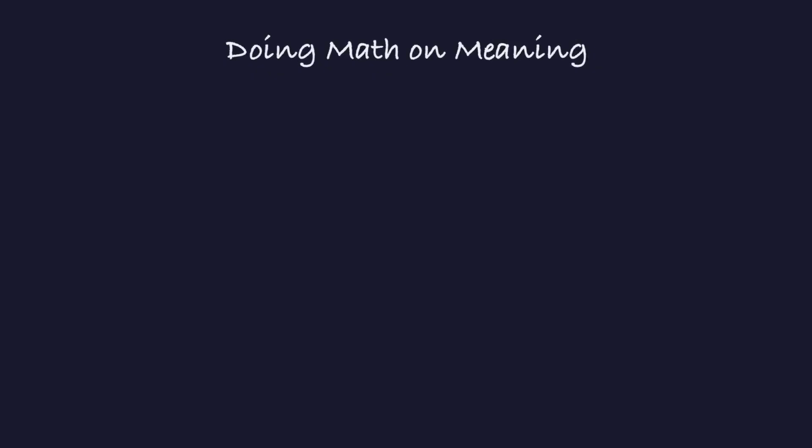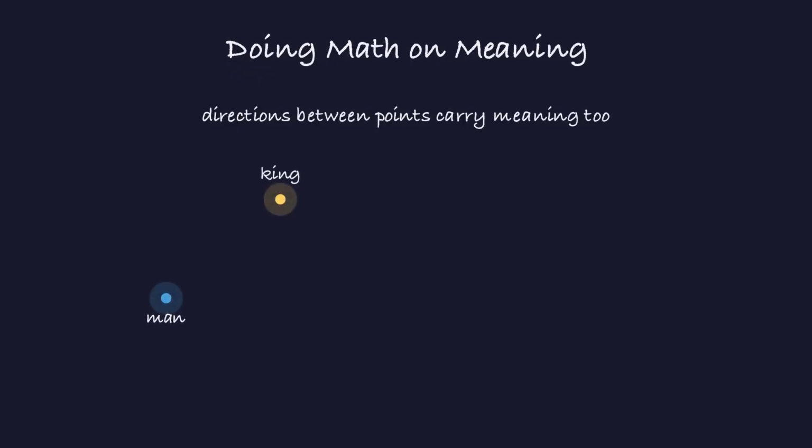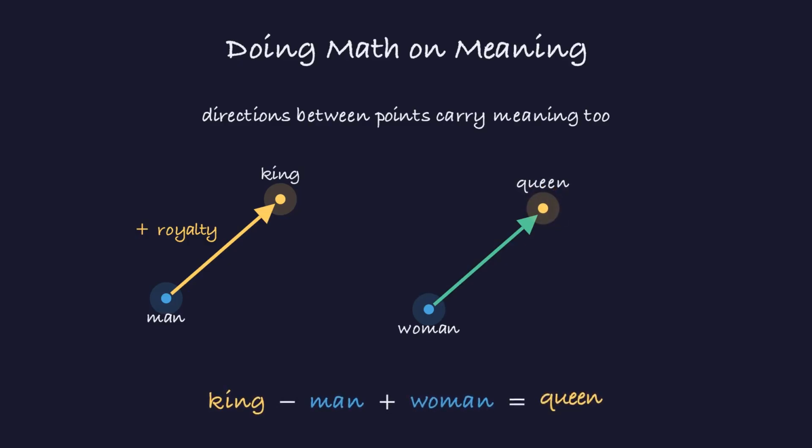And here's the result that made people fall out of their chairs. Once words are points, the directions between them carry meaning too. Take the arrow pointing from man to king. That arrow, it turns out, roughly represents the idea of royalty. So if you take woman and follow that same arrow, you land on queen. You can literally do arithmetic on meaning.